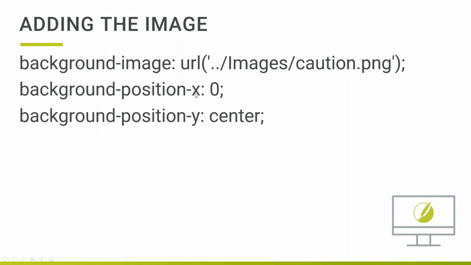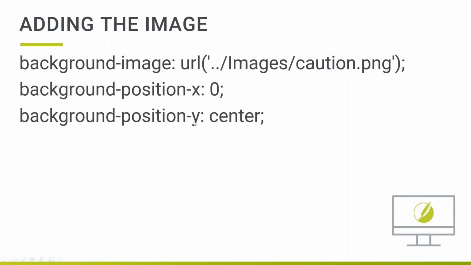Background position X, that's positioning it horizontally, and we're positioning it in reference to that invisible box. Remember that box model? Well, I'm going to set that to 0. I want it hard left up against the invisible box.